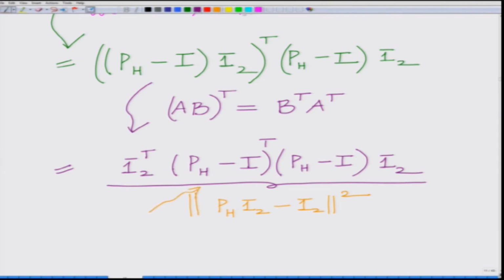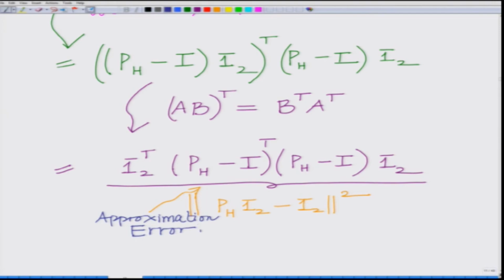This is what we are calling the approximation error.